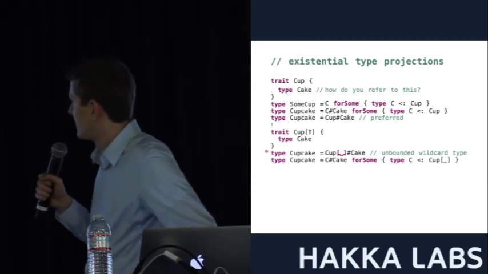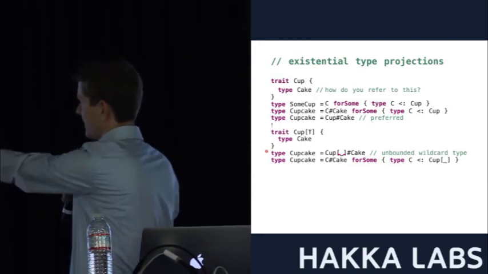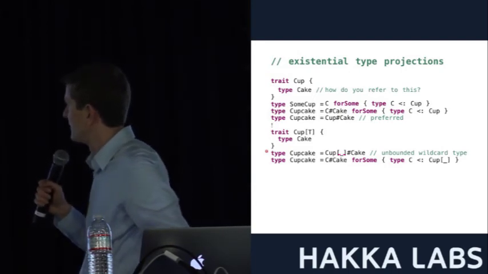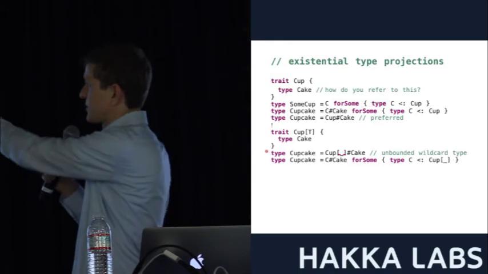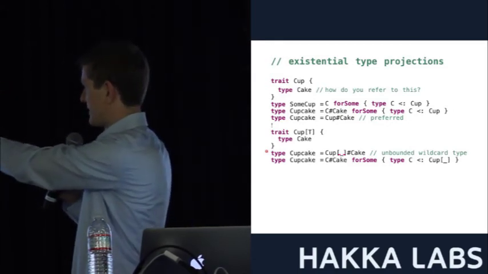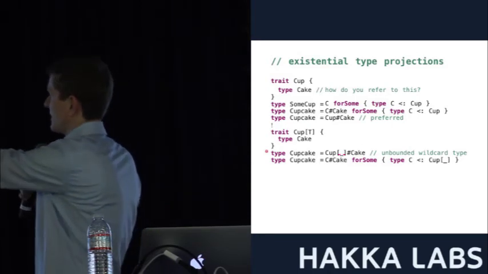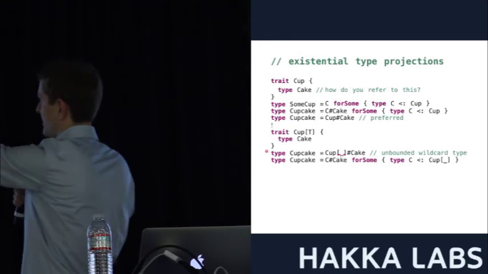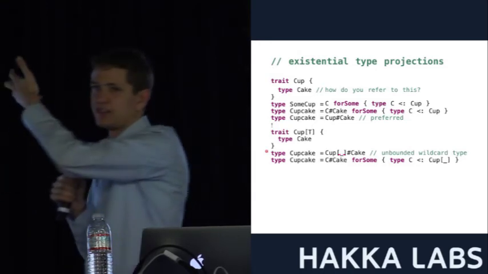So how do we refer to that inner type there? We said on the previous slide that you can do Cup#Cake, but I want to show the equivalence, for thinking about existential types in a simple context. The way you express that simple constraint is, well, you've got C for some type, C is some kind of cup.